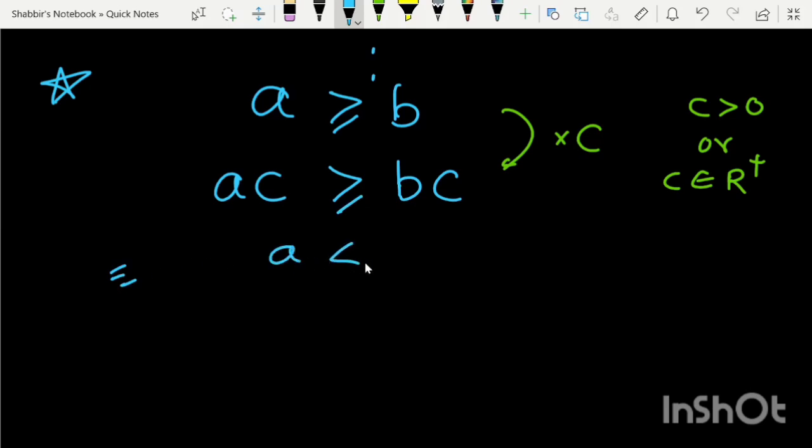Equivalently, if I write a less than b and if I multiply both sides by a positive constant plus c, again the sign of inequality will remain unchanged. And if it is a less than equal to b, here also it would be ac less than equal to bc. Multiplying by a positive constant to both sides of an inequality won't change the sign of the inequality. This is the rule. Okay. So let's take some examples on this.